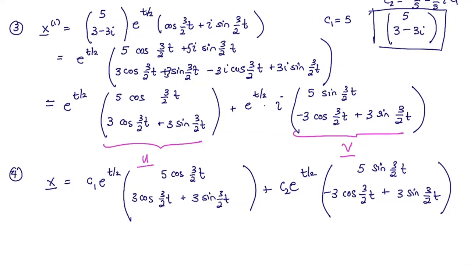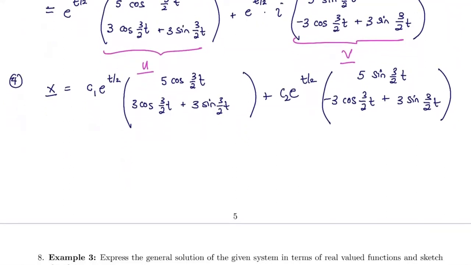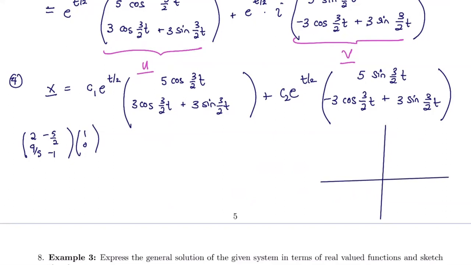We have also been asked to do the phase portrait. So we kind of need to know whether it's going to move in the counterclockwise or the clockwise direction. So taking the matrix 2, -5 over 2, 9/5, -1, times the point 1, 0, to find out which direction this is going to circulate. We already know that it's spiraling away from the origin.